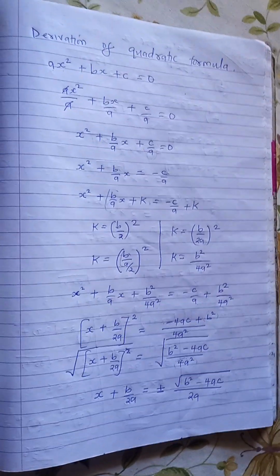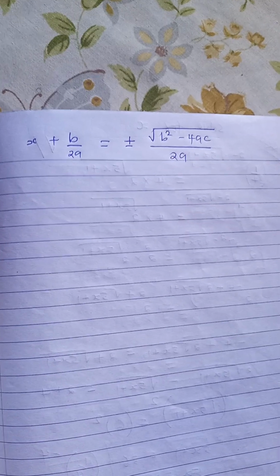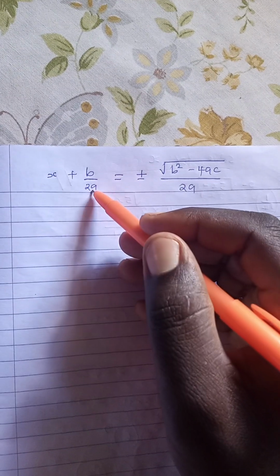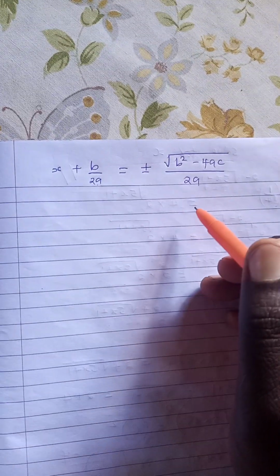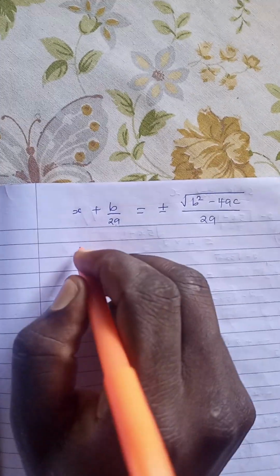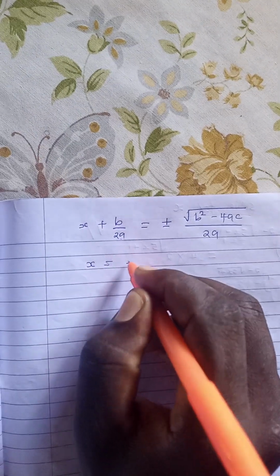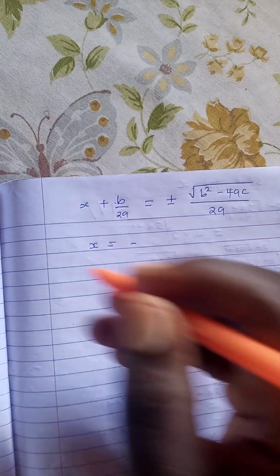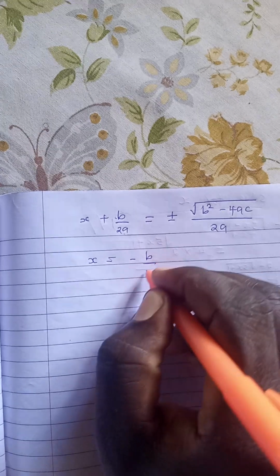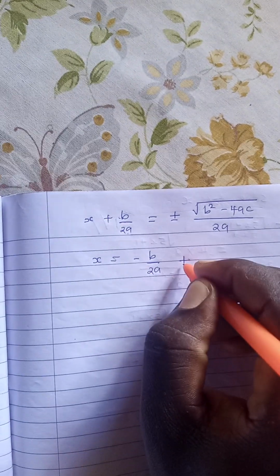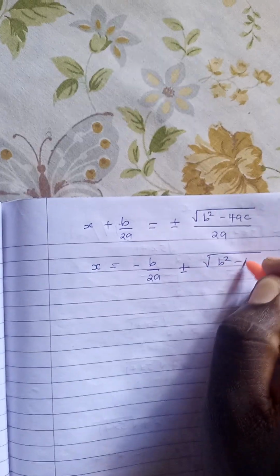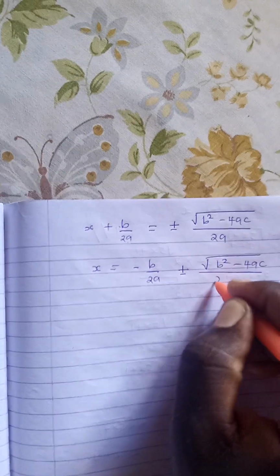Therefore, to make x the subject of the formula, we have to take b over 2a to the right hand side. So x is equal to negative b over 2a, because this is positive on this side, and when it crosses the equal sign it becomes negative. Therefore we have negative b over 2a plus or minus the square root of b squared minus 4ac divided by 2a.